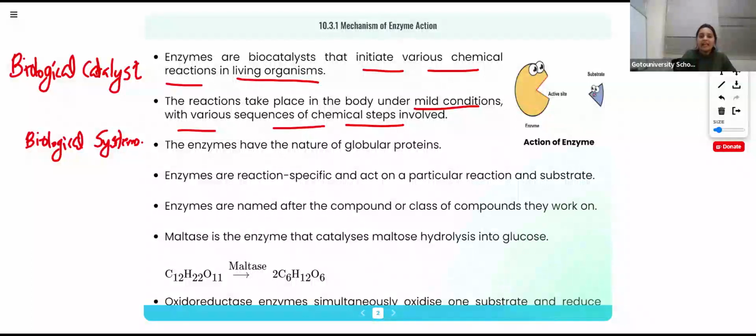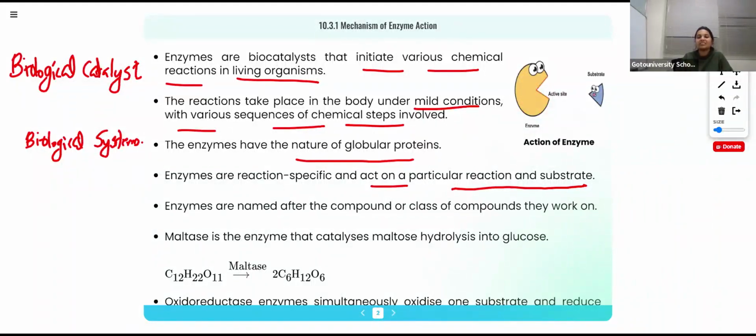Enzymes have the nature of globular protein. I told you, we know what globular and fibrous proteins are, right? The coiled one. Enzymes are reaction specific and act on a particular reaction and substrate. See, can all the enzymes do every function? No. For each and every enzyme, there is a specific function.